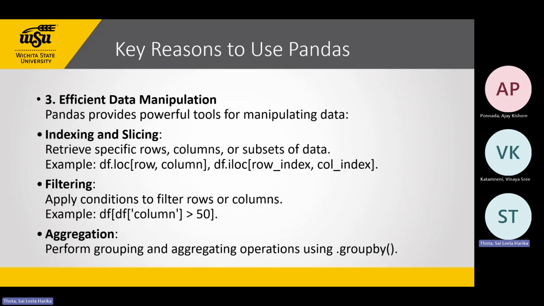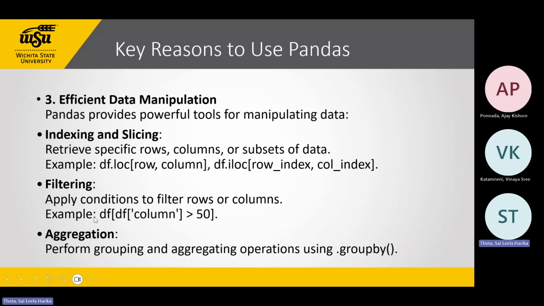So what will you do? Here, if you observe the example, in the data frame you keep the column name as employee salary, and you give the condition greater than 30,000. If you apply this on your data frame, you will get the data of only the employees whose salary is greater than 30,000. The rest you won't get.